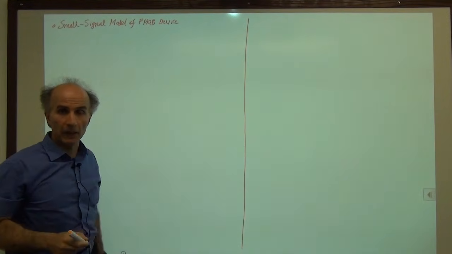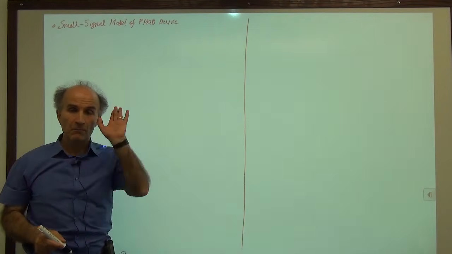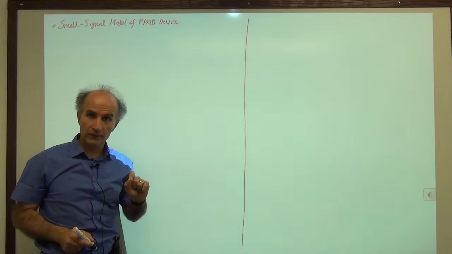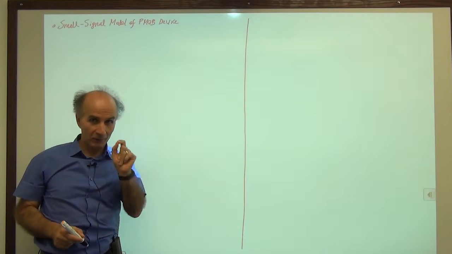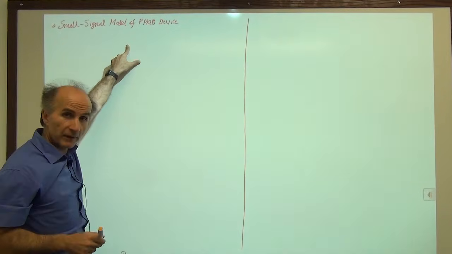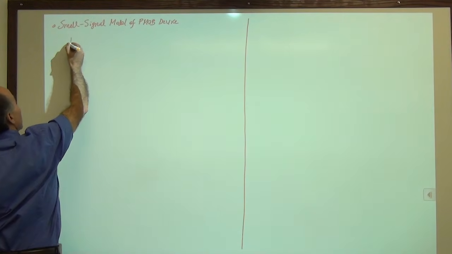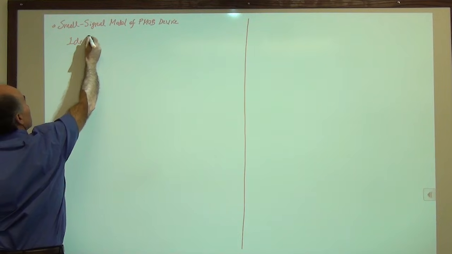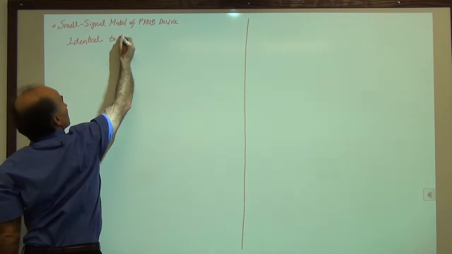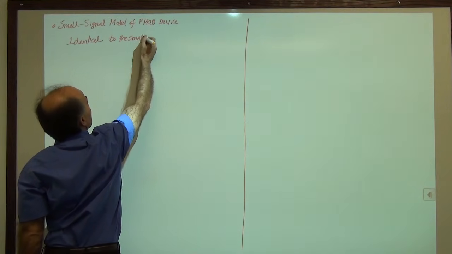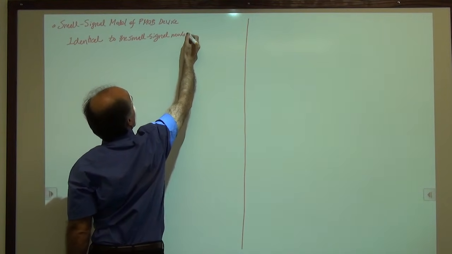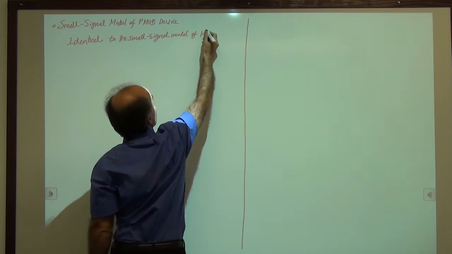All right, so I will say this once, and I want you to memorize it once and for all. This is very important. I don't use this phrase very often, but this is very important. So the small signal model of the PMOS device is identical to the small signal model of the NMOS device.